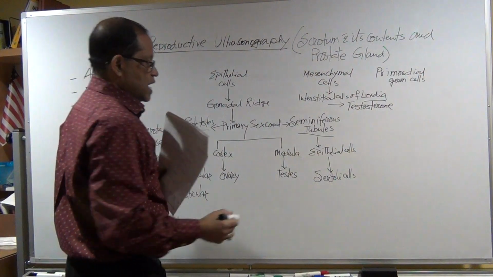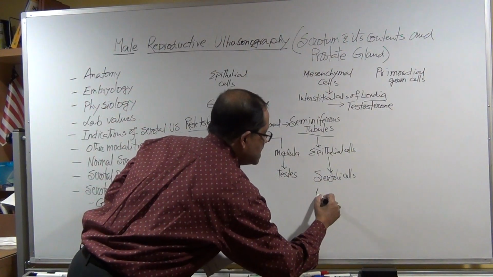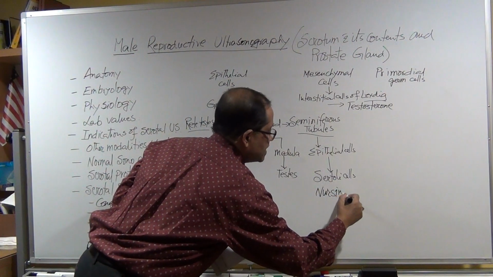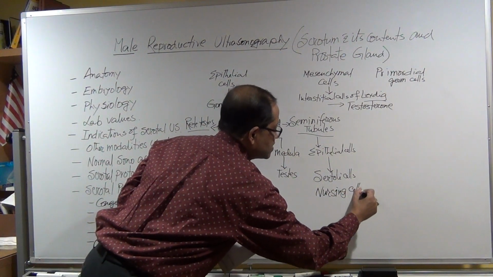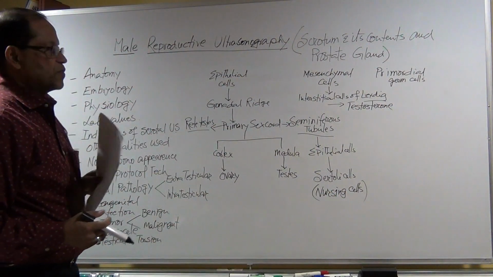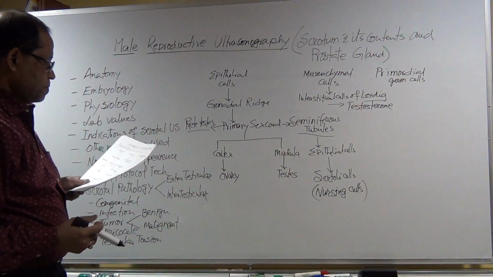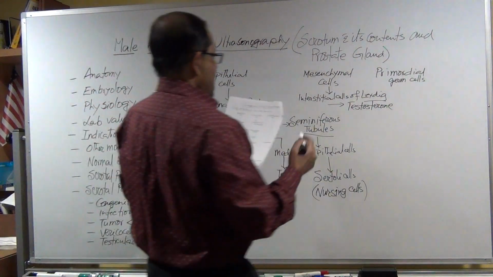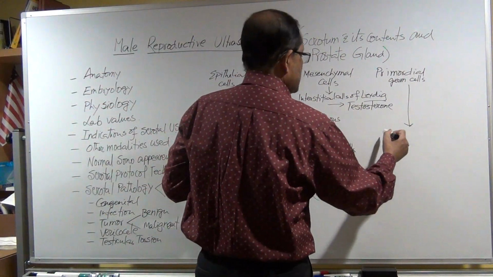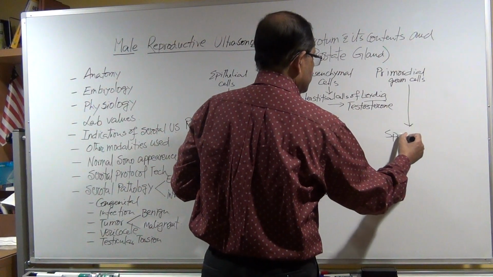And this Sertoli cell is the nurse cells, or nursing cells for the sperm. And primordial germ cells form the spermatozoa.